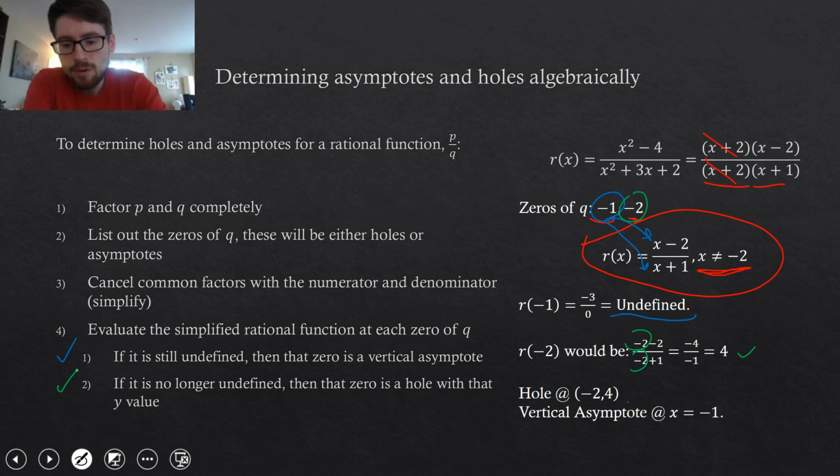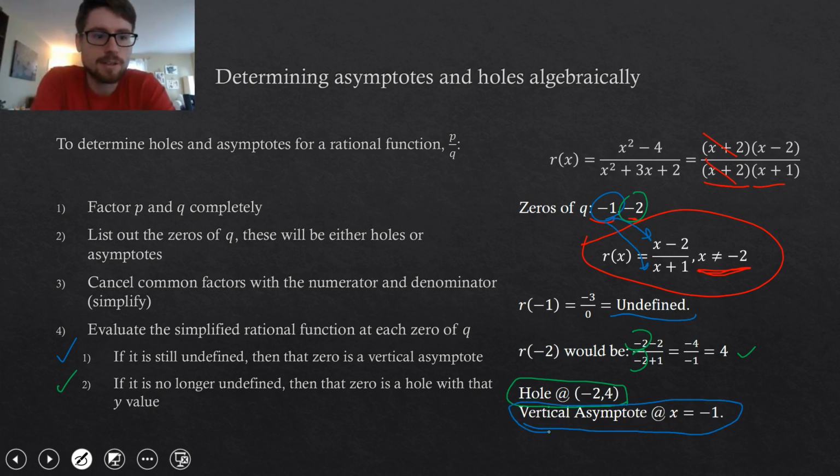So we end up getting a hole at negative 2, 4, and we get a vertical asymptote when x equals negative 1. And you can see those will both be on the graph, right? You would see that little hole plucked out of the function, and then you would see a big vertical asymptote when x equals negative 1.